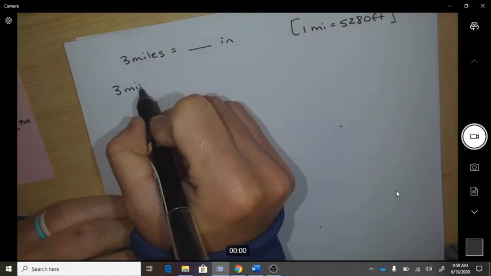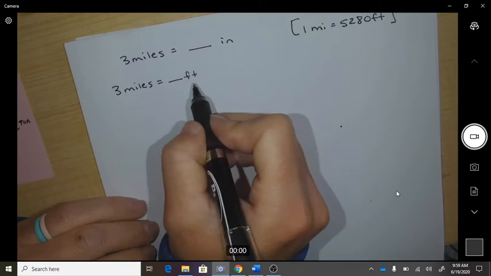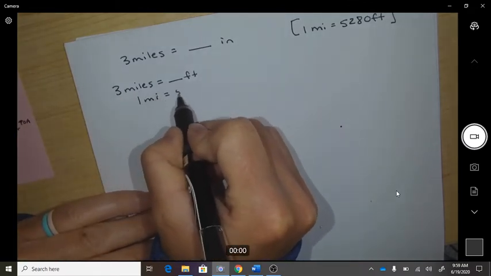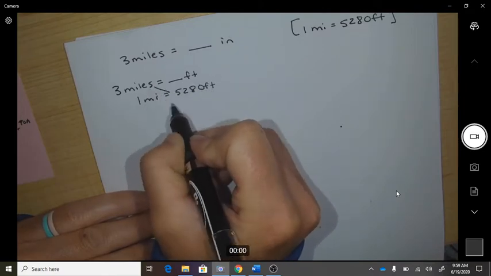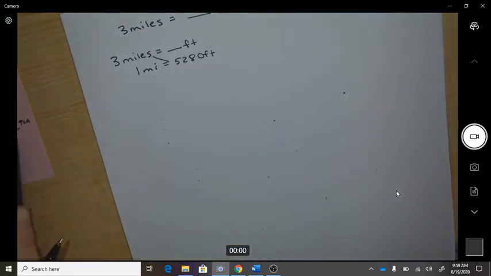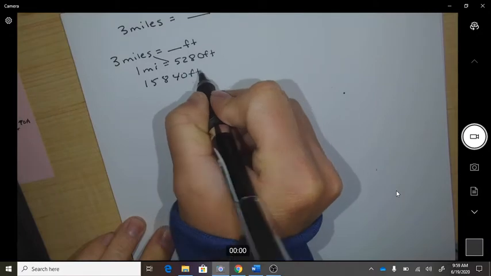Okay, so I could go with method 1. So 3 miles is how many feet when 1 mile equals 5,280 feet. So cross multiply would be times. So 3 times that is 15,840 feet.